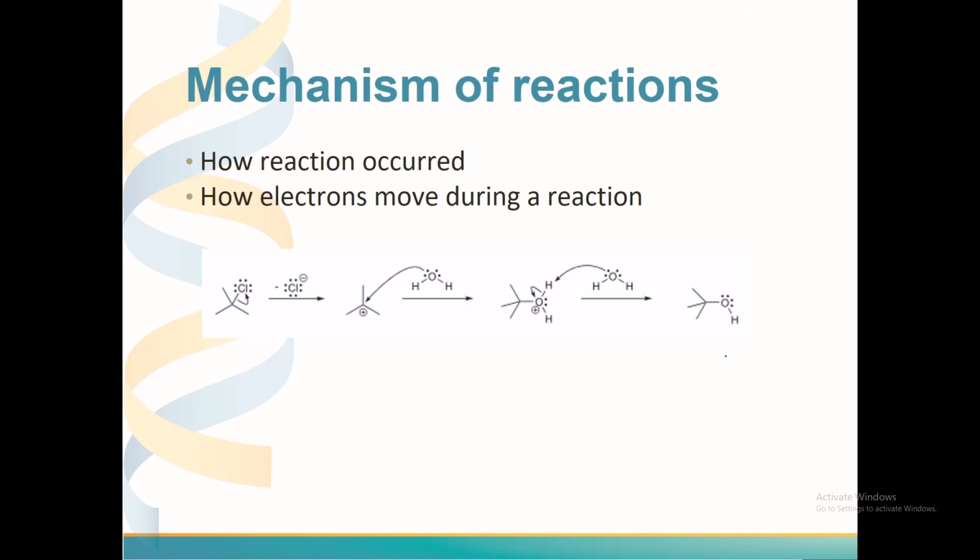So for example, in this molecule here on the left, as you can see, there's an arrow going from the bond between carbon and chlorine to chlorine. This shows that the electrons in this bond, remember, they are sharing electrons in the bond, are moving towards chlorine.